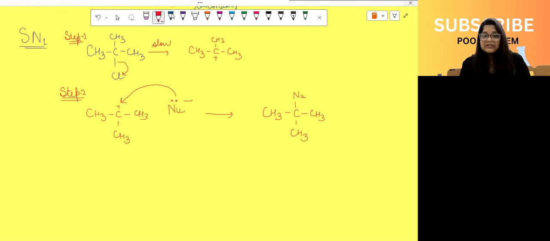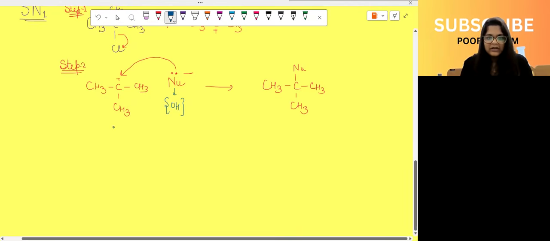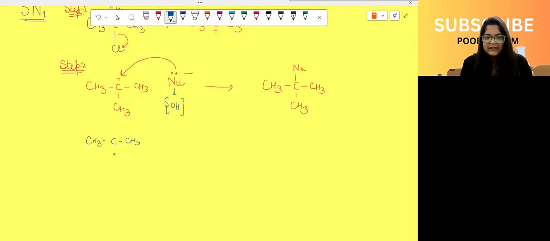Right? Now, this nucleophile could be anything, it could be any other halogen, it could be OH negative or something else. So let's say we do it for OH negative only. So this would have been CH3, C, CH3, CH3 positive, reacts with OH negative.